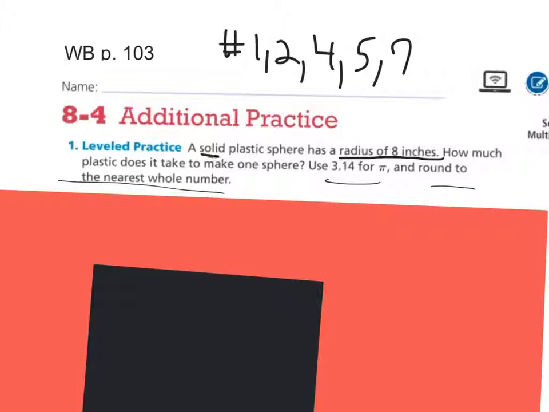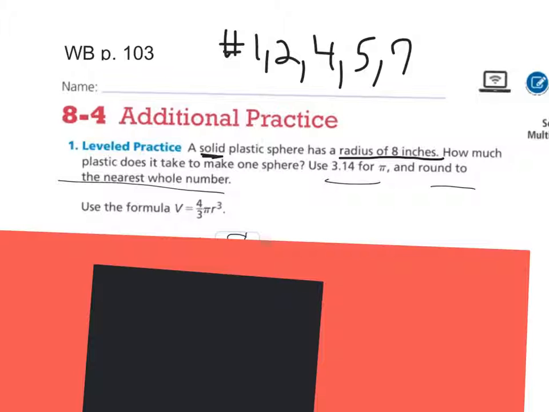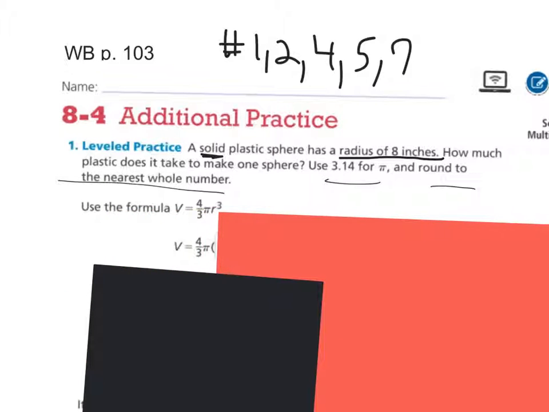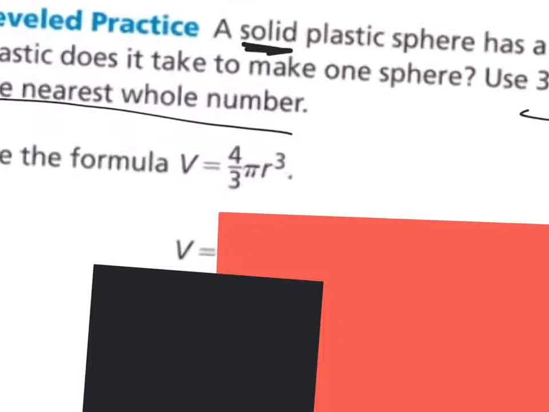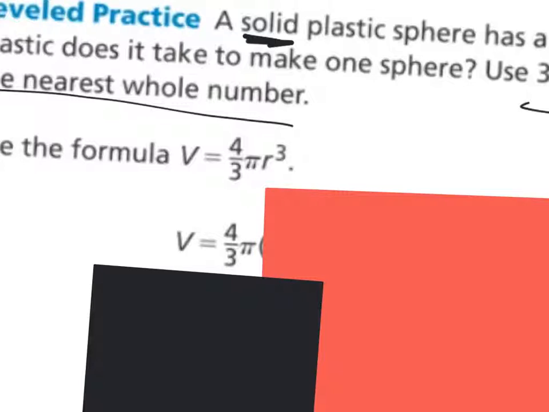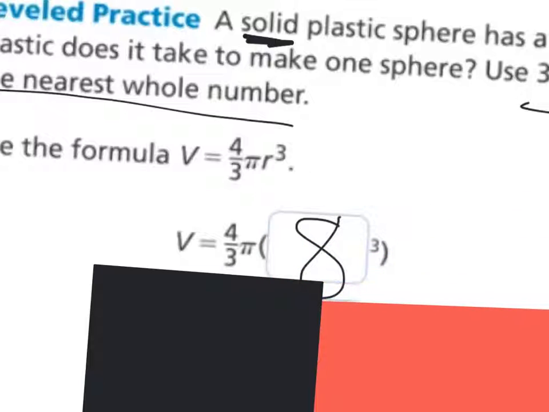So since it's a solid sphere, it's completely solid, not just a hollow sphere, that's why we're going to do volume here rather than surface area. So we start out, we can use our volume formula, and we can substitute in. They told us that the radius was 8.